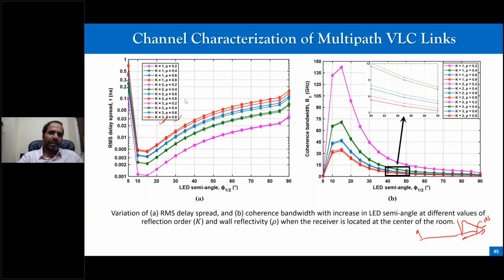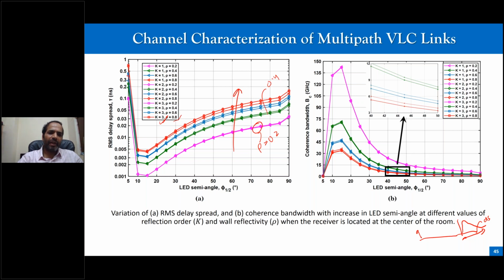If you look at these purple colors, these are with reflectivity 0.2, and this green one is with reflectivity 0.4, and so on and so forth. So reflectivity increases in this way.